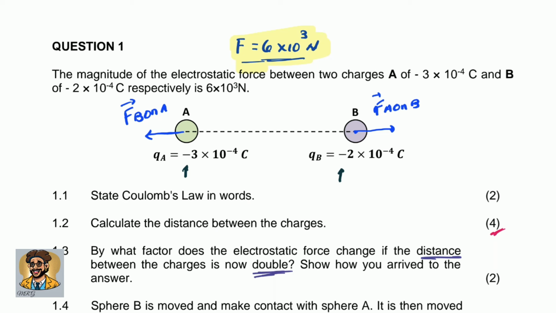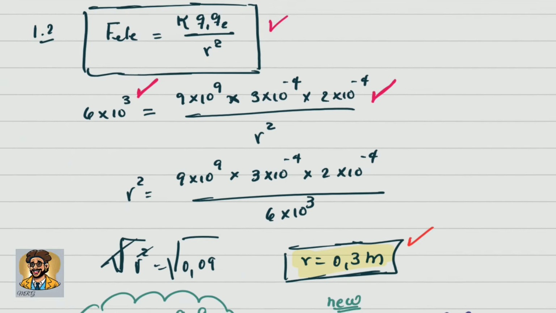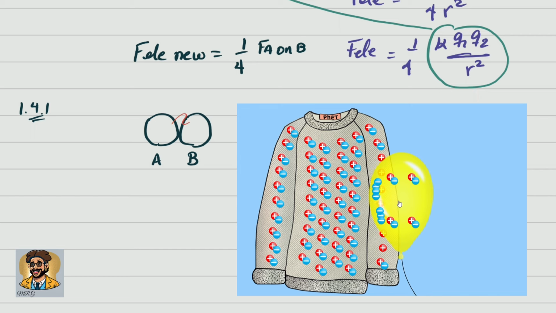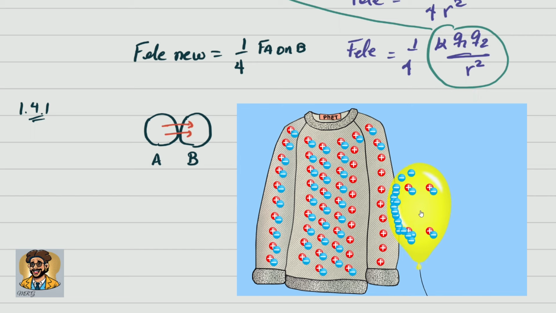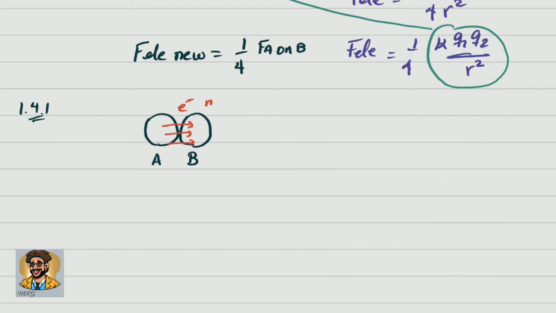So charge A is more negative than charge B. This is mathematics, okay? Negative 3 is more negative than negative 2. Therefore, electrons are going to move from A to B. That is important to know here.